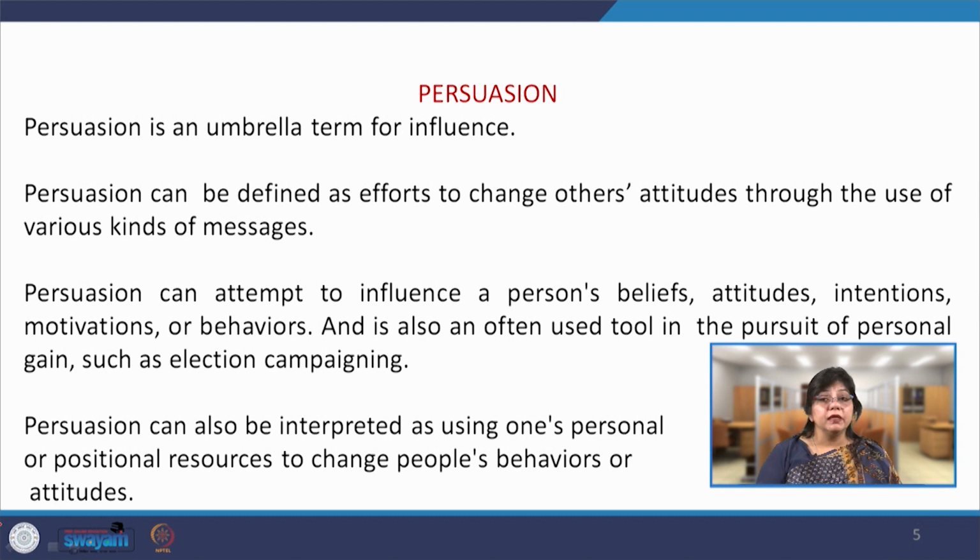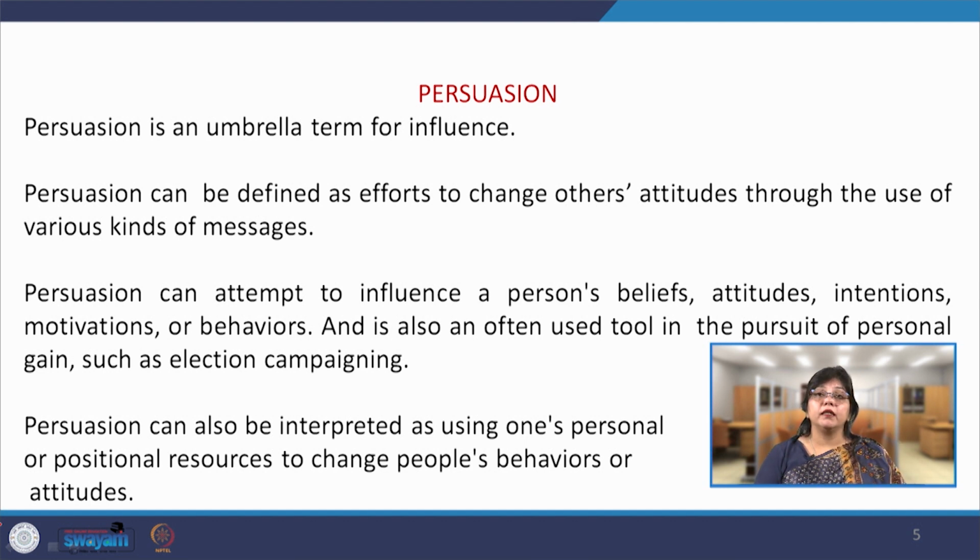Here message means any opinion that is being conveyed to another person or group and how they are being influenced by that message. It can be any political leader who is addressing a large group of people, and how that message influences masses of people in favor of that leader.